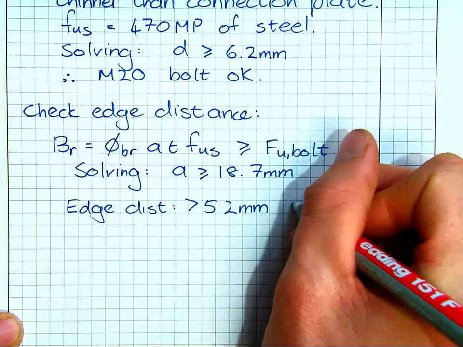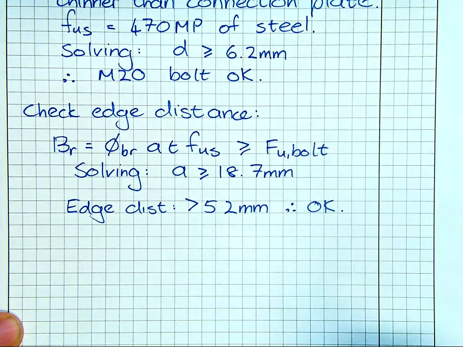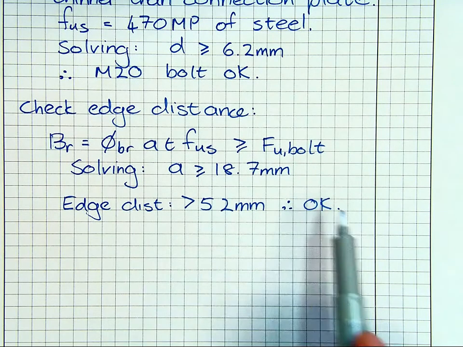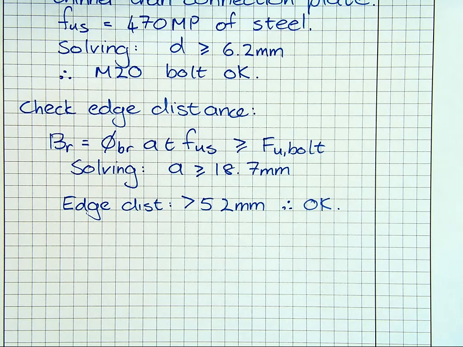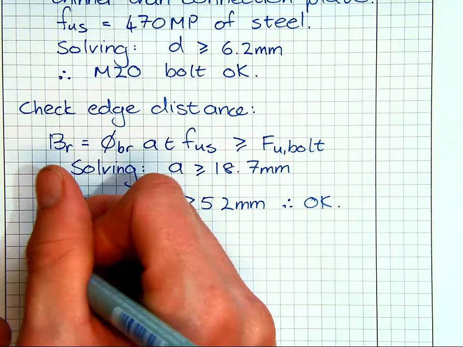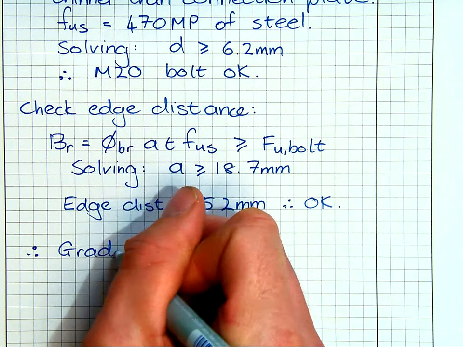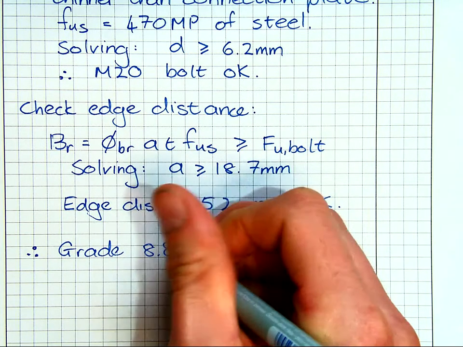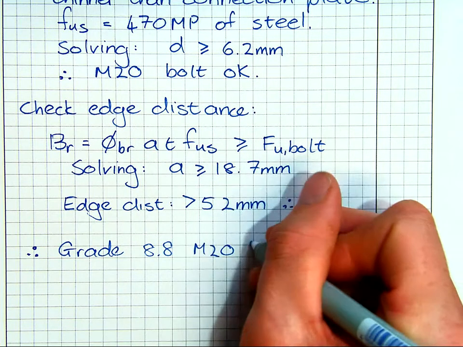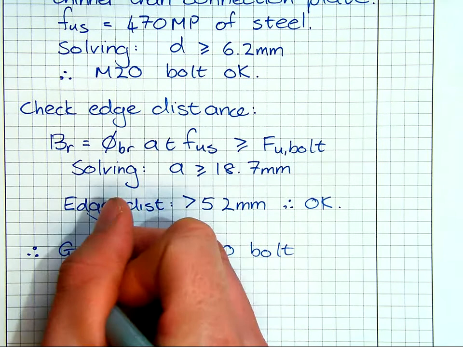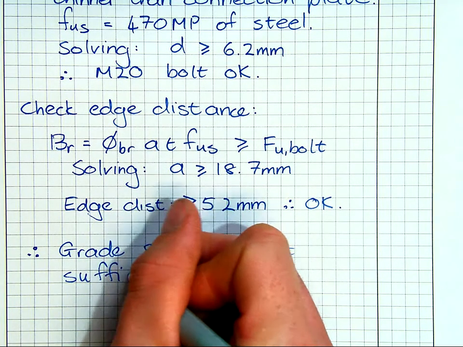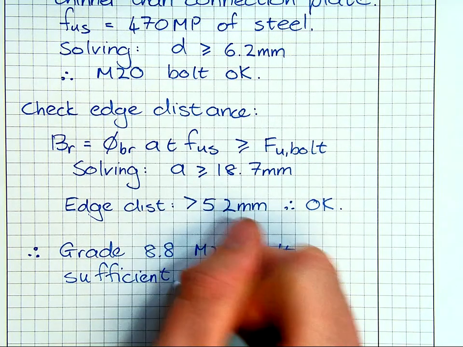As I mentioned, therefore, okay. We don't need to worry about that further. It's far in excess of what we need, so we're not going to do a detailed calc. Thus, in conclusion, a grade 8.8 M20 bolt is sufficient, and we have solved the problem.